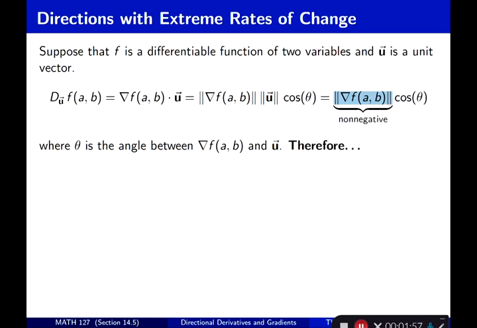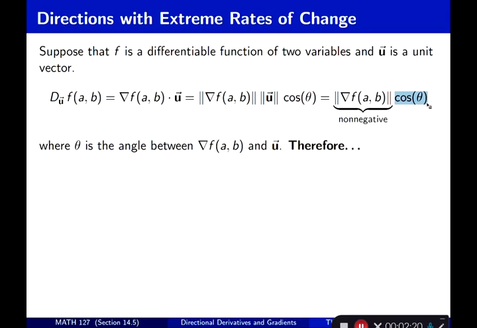So when does this happen? All the trick is here, because the magnitude of the gradient is the same for all the directional derivatives. The entire thing depends on the cosine of theta. If cosine theta is equal to 1, the directional derivative is the maximum, so f is increasing fastest.